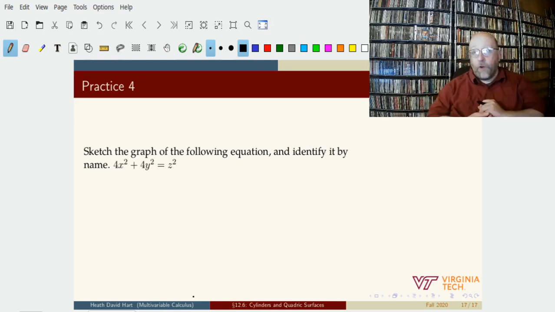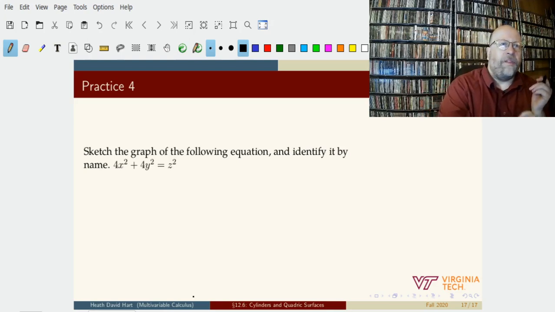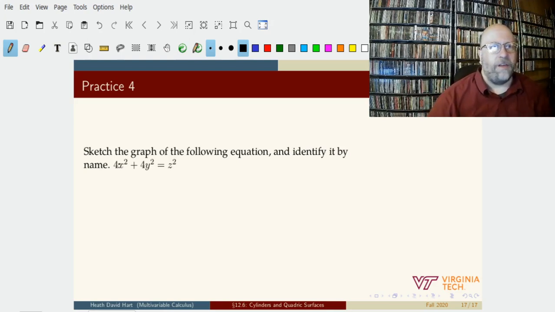There are some practice questions at the end. I'm going to do one of them with you, and I'm going to leave you to do the other ones. Let's sketch the graph of this equation and identify it by name. Okay? So this is not in standard form yet.